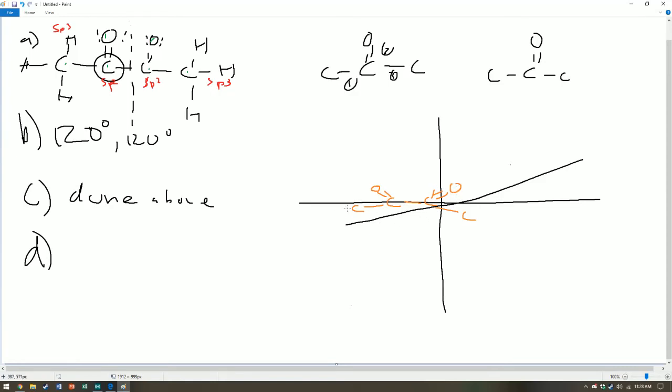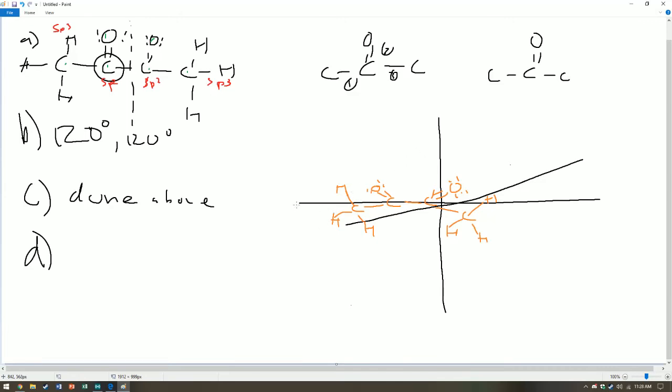This is me trying to draw everything on the same plane. And since these are tetrahedrons, those are oxygen atoms. We can see clearly that the only thing that is not on the plane here is the hydrogen.